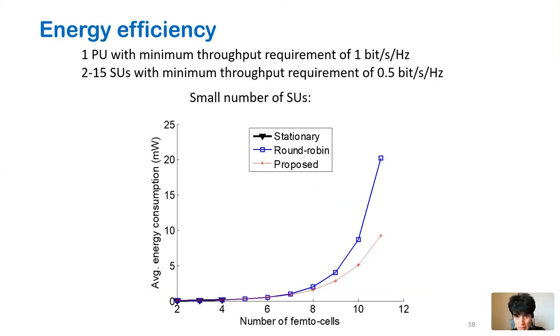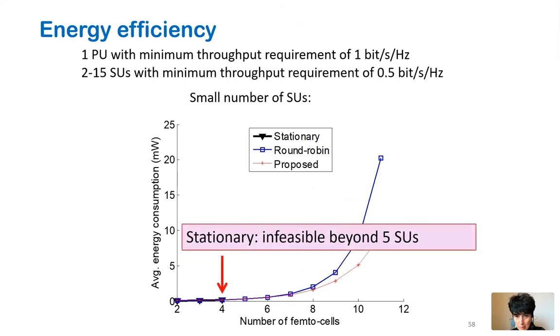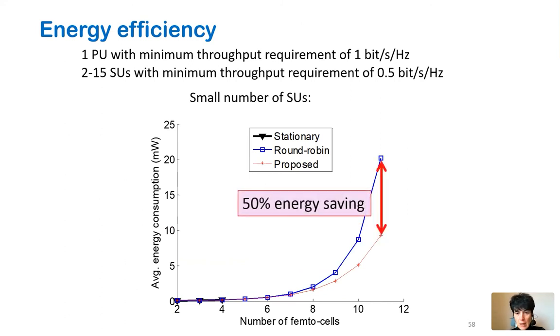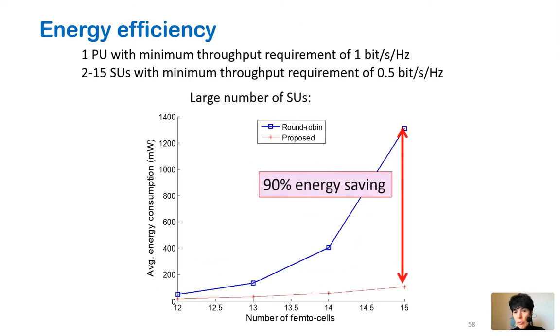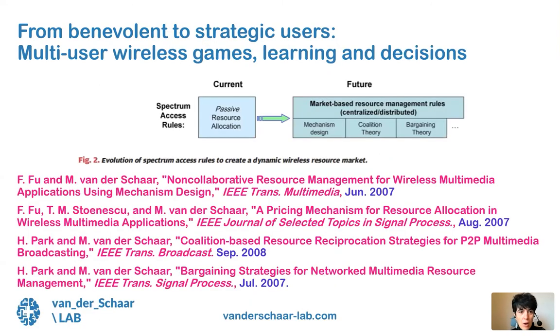And indeed, you can see here that as opposed to stationary policies or round-robin policies, such non-stationary policies can lead to significant performance improvement in terms of energy saving and number of stations that can be admitted. And as the number of stations increases, the performance improvements are truly significant.